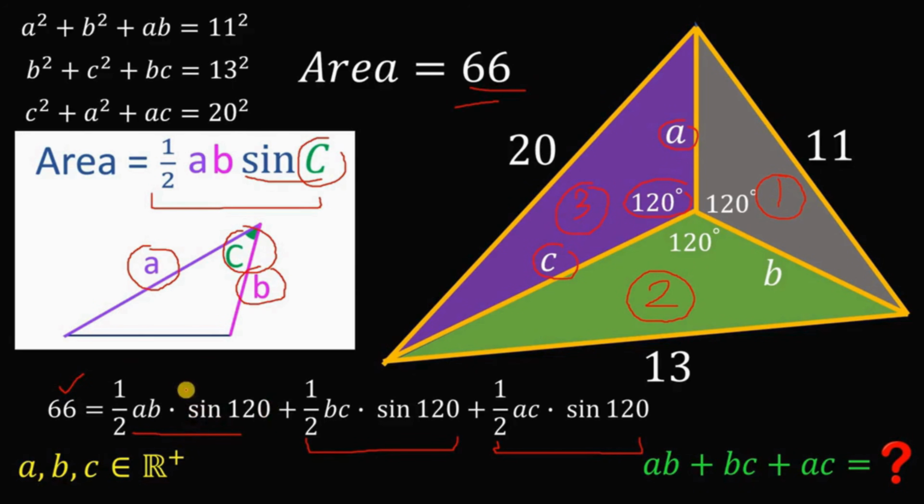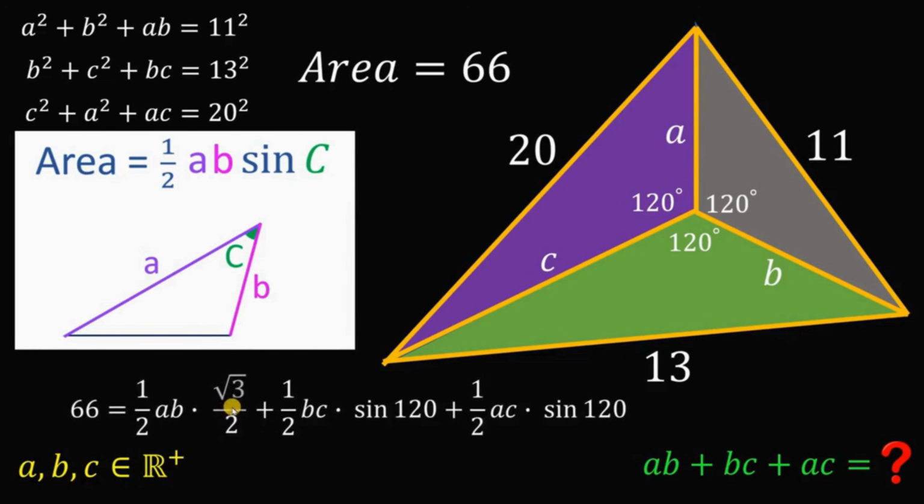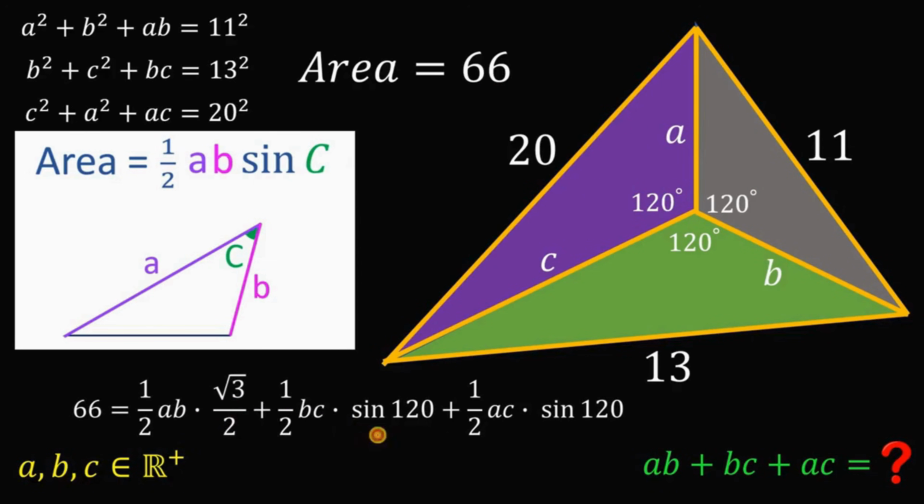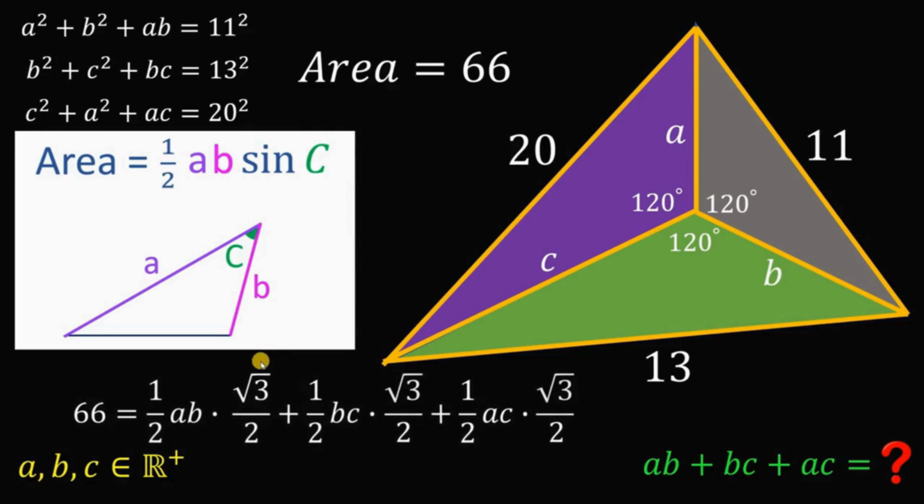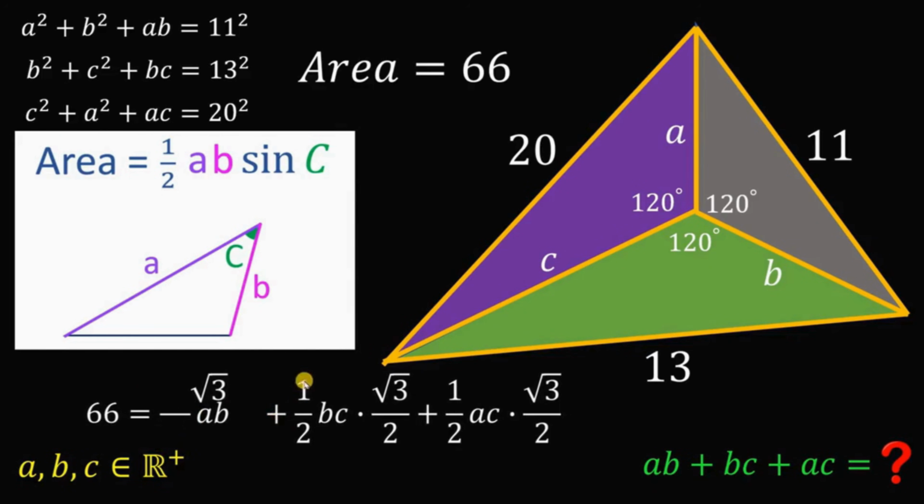And we know this is equal to 66, which is the area of the big triangle. Alright, now let's simplify this. Sine of 120 degrees, we all know that this is equal to square root of 3 divided by 2. Therefore, all of this sine 120 must be equal to square root of 3 over 2. Next, let's multiply square root of 3 over 2 and 1/2. This will give us square root of 3 over 4.